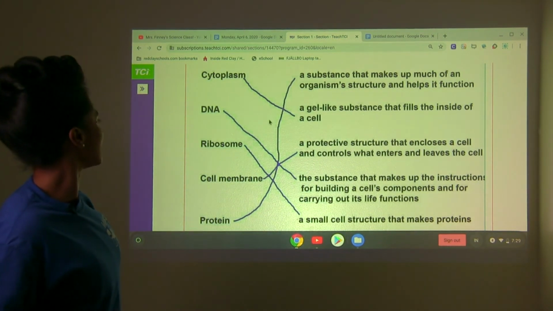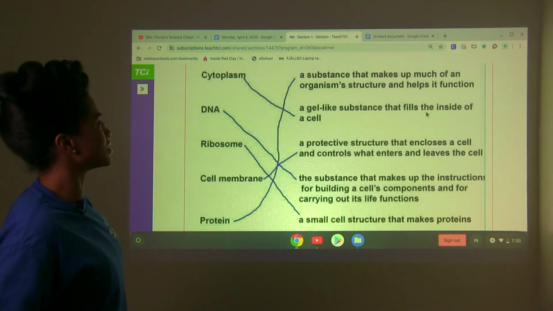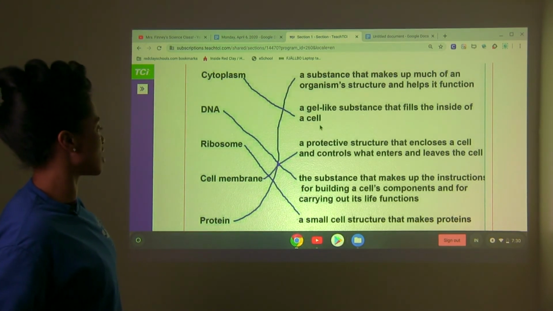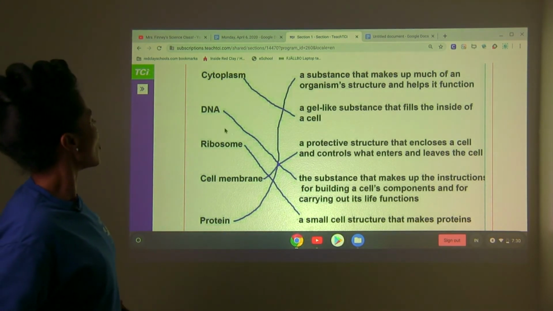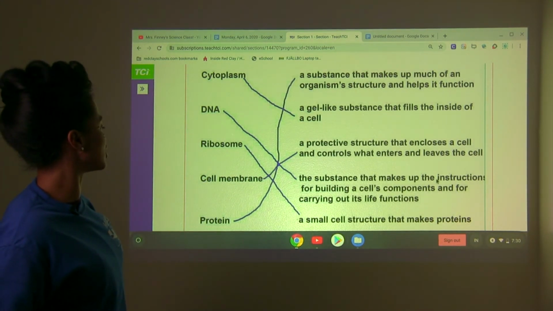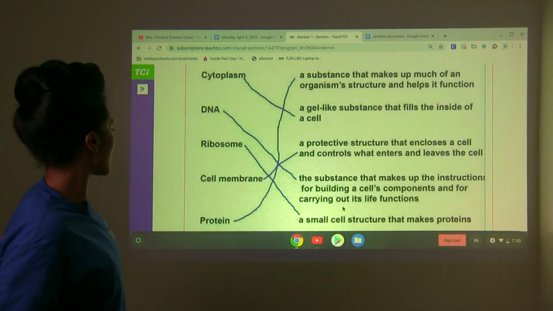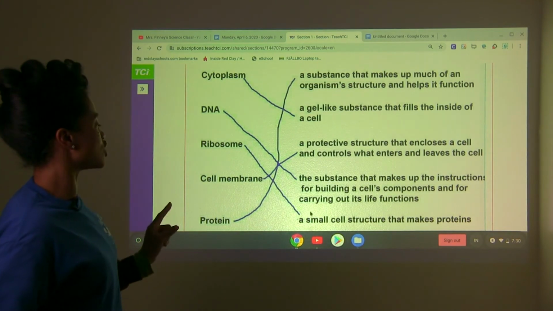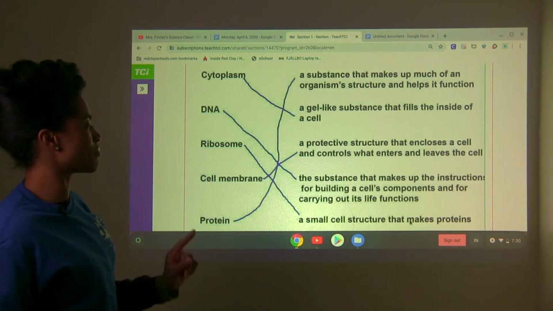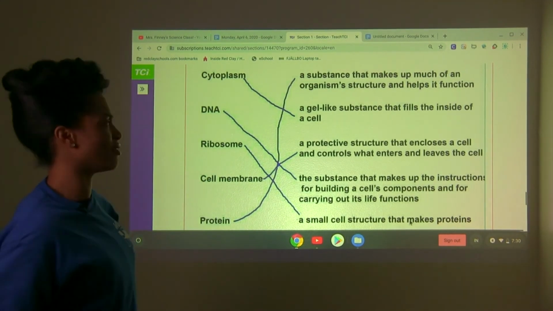So the cytoplasm we have connected to a gel-like substance that fills the inside of a cell. We have DNA as the substance that makes up the instructions for building the cell's components and for carrying out its life functions. Ribosome, a small cell structure that makes proteins. Know this stuff.